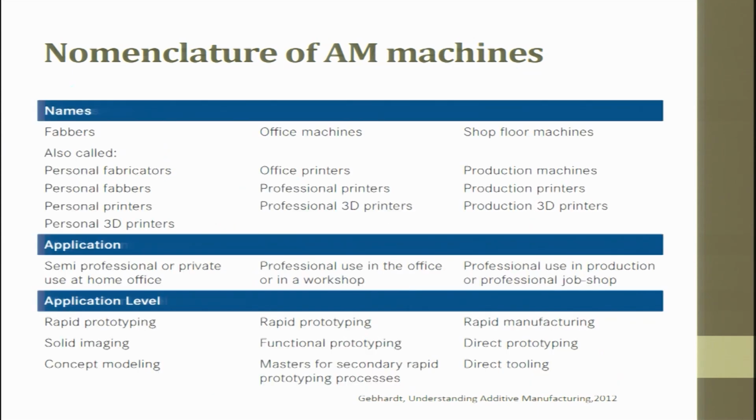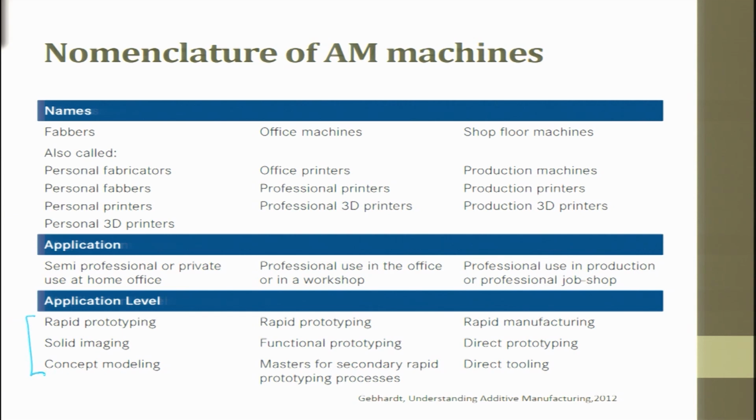So, when we look at the nomenclature in more detail, these are also called personal fabricator, personal Faber, personal printer, personal 3D printer, and the application is semi-professional or private use at home or office. The application levels are rapid prototyping, solid imaging and concept modeling.